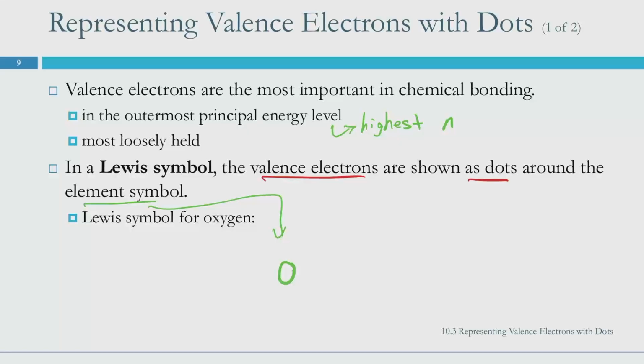How many valence electrons does oxygen have? 6. It's in the 6A group, so it has 6 valence electrons. And we're going to place them, there's basically 4 sides. So if we just put in an X to show our symbol, we've got basically 4 sides that we can place our electrons on.